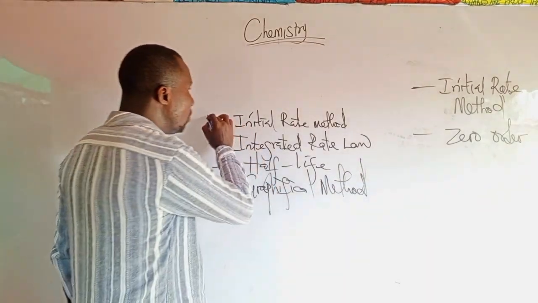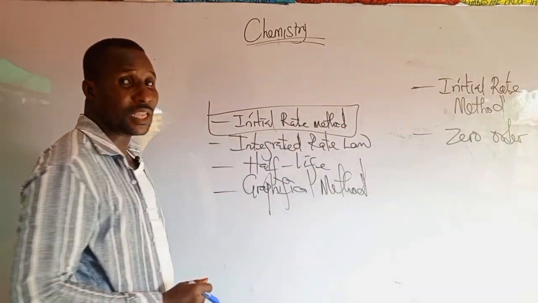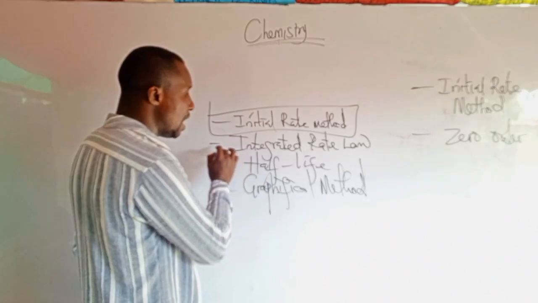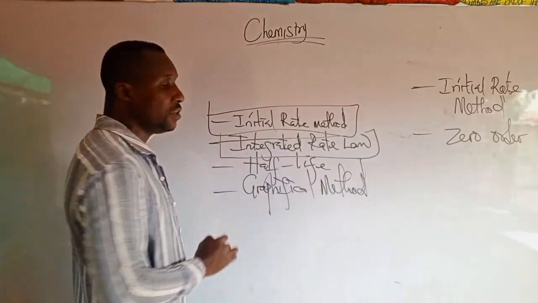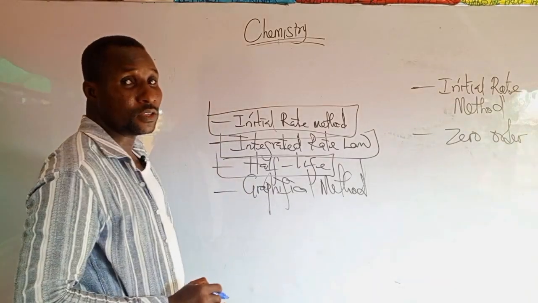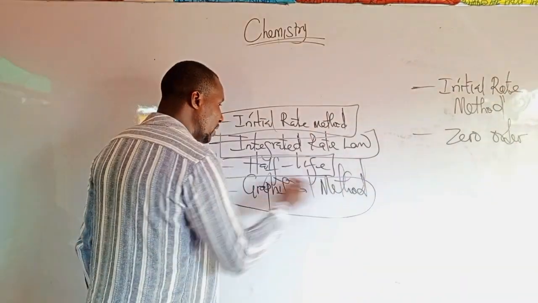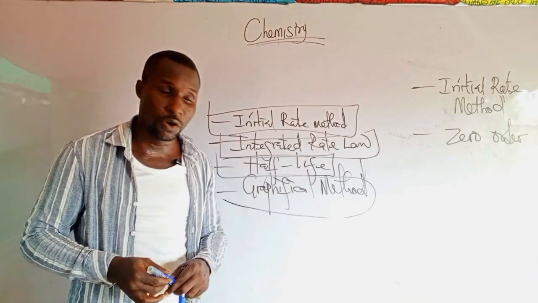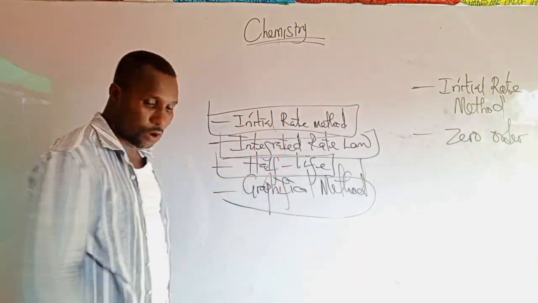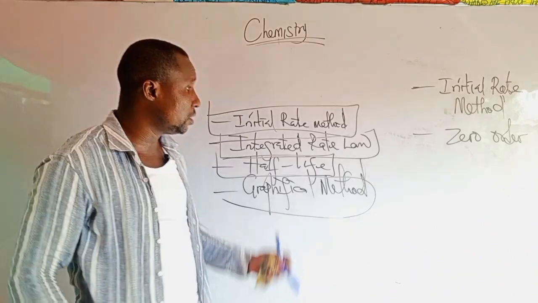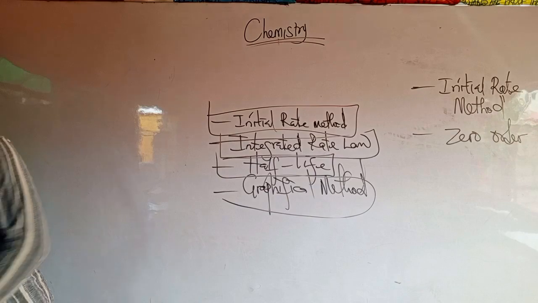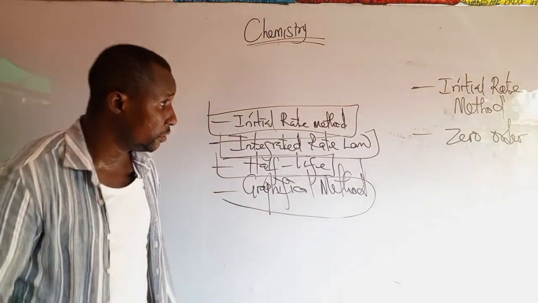But in this video, we are going to take the first one on how to determine order of reaction, together with zero order. Under zero order, I will talk on the integrated rate law of zero order, the half-life of zero order, then I will give you the graph of zero order. But before I go into zero order, I first talk on the initial rate method.